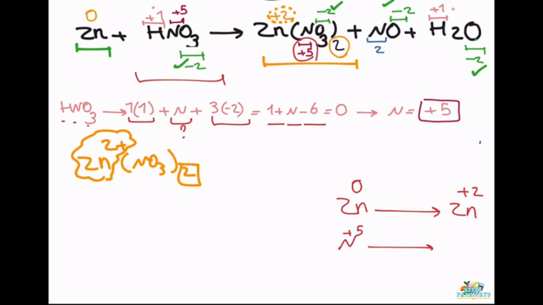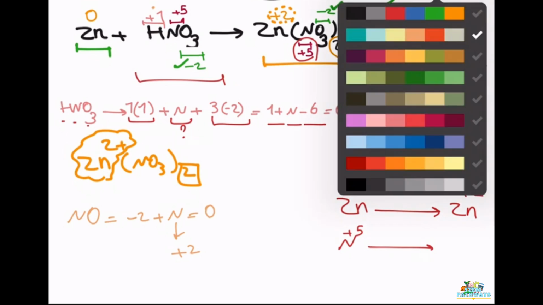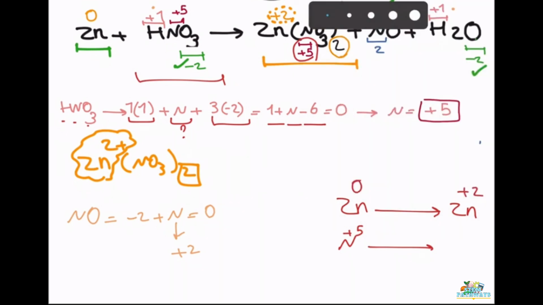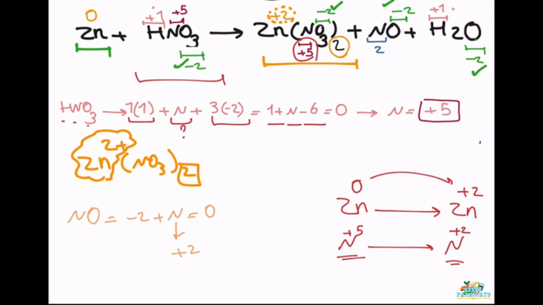It doesn't change. However, in this compound, which is just NO, we know O is -2, plus N that we don't know should be equal to 0. So N should be +2 here. So now we can say that N has changed from +5 to +2. As you see, the oxidation number of nitrogen decreased from 5 to 2, but for the zinc, it increased from 0 to +2.